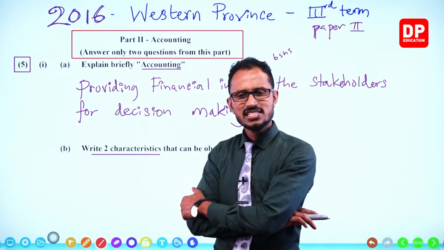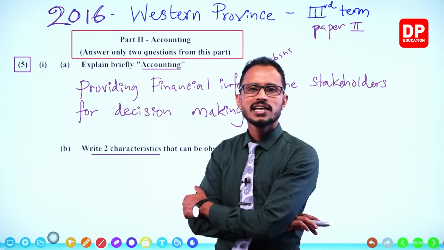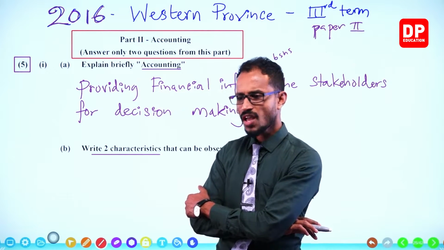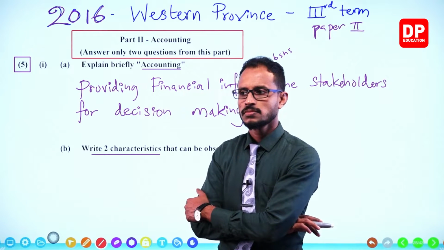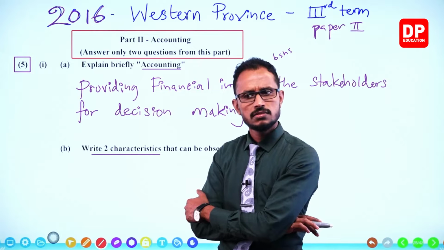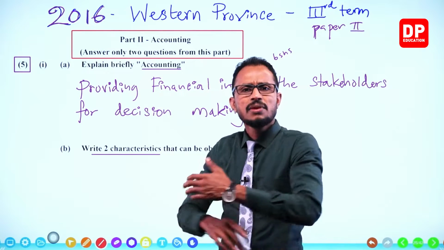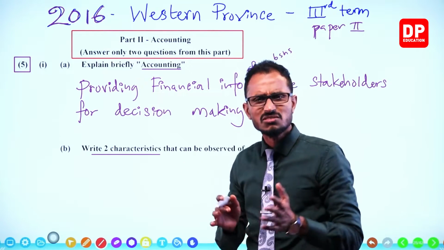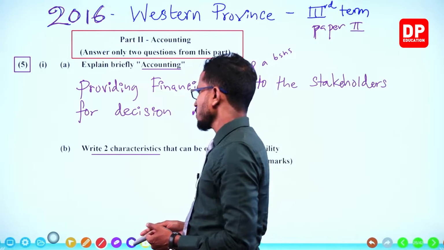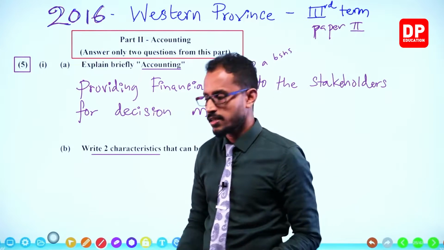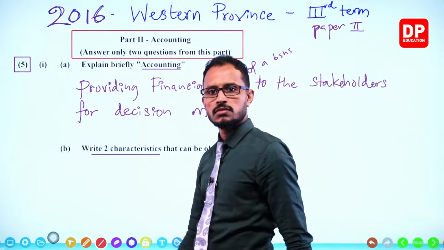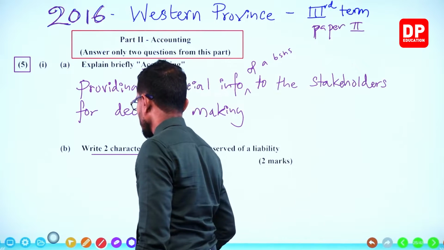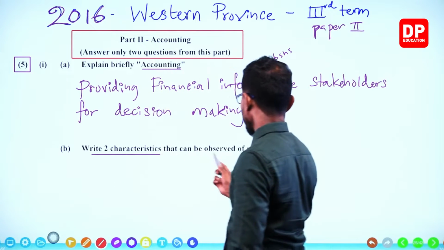Use business professional terms like liabilities are risks for a business. Obligation. Use those words. Liabilities are dangerous is like talking about a deadly chemical or something. Characteristics that can be observed of a liability.